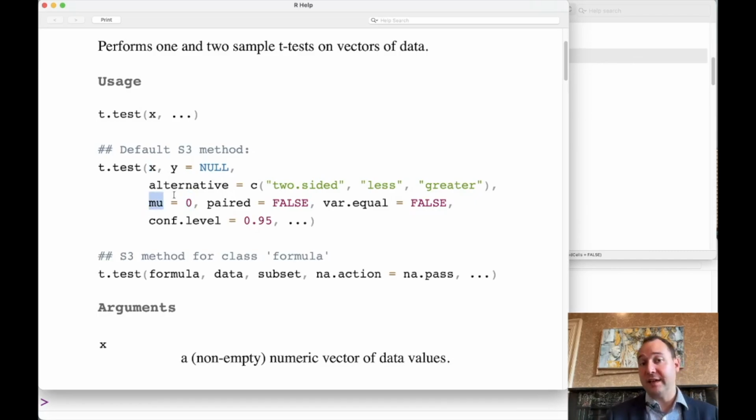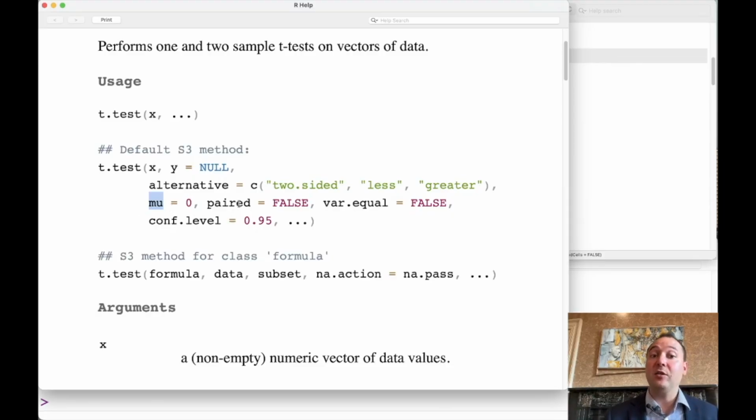If we have a 2-sample test, meaning we have 2 vectors, 1 vector for x, 1 vector for y, then mu refers to the difference. If you remember that difference value, that's what this mu represents if we're using a 2-sample test. In most cases, that would just be 0.